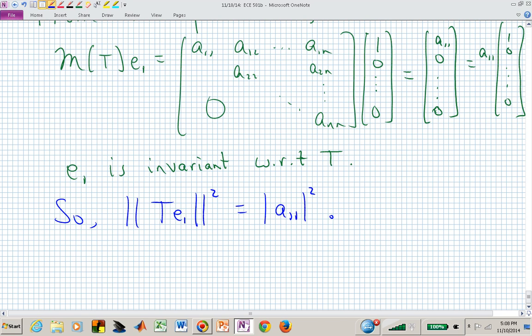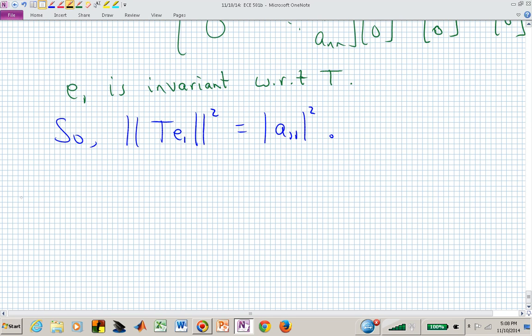Now, we also know something about the matrix representation of the adjoint.